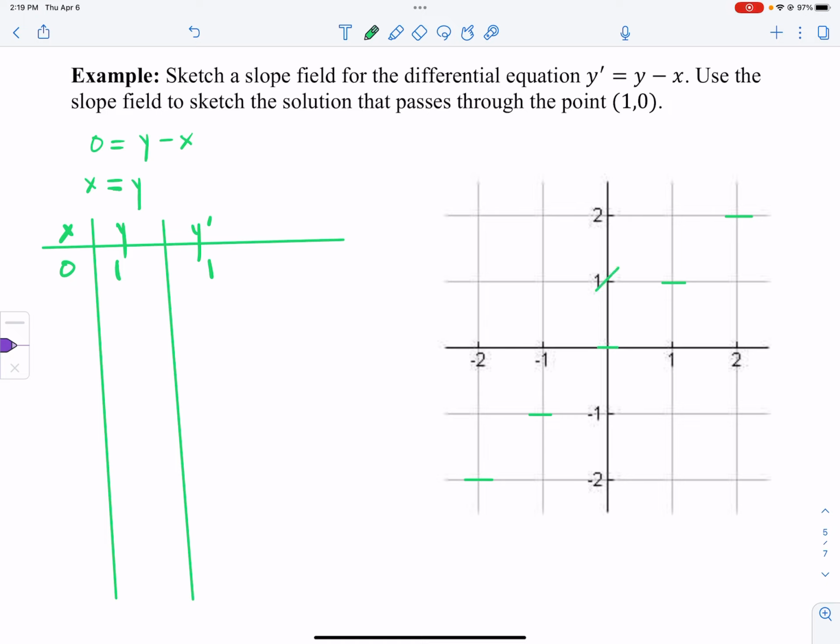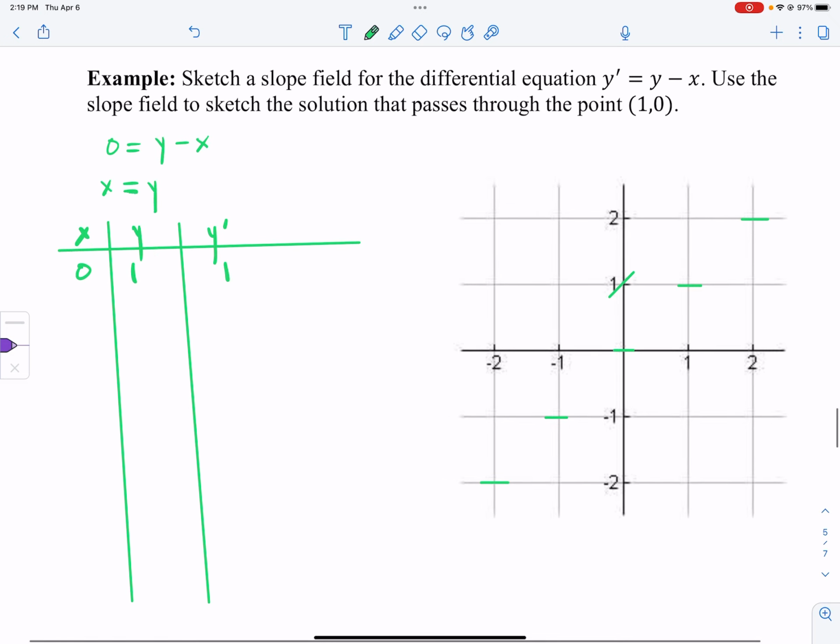Make sure that looks like a slope of 1 so that it's aiming up at 1, 2 and down at negative 1, 0. And then notice if we were to do 1, 2, that would be 2 minus 1 is 1.